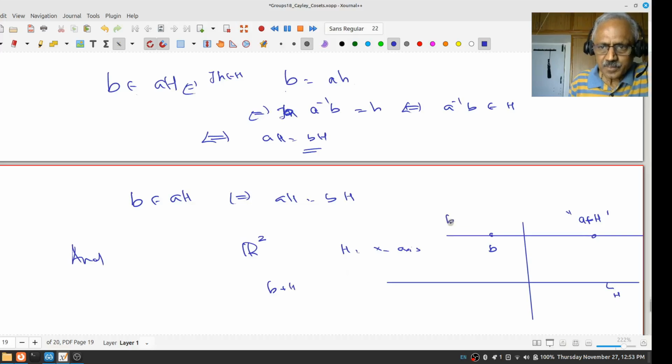Then this is also A plus H. Why? What does this mean? A plus H simply means a line passing through A parallel to H, and B plus H also means a line passing through B parallel to H. They are the same. Because B already belongs to this, the only line which passes through B parallel to H is this line, A plus H. Therefore they are equal.